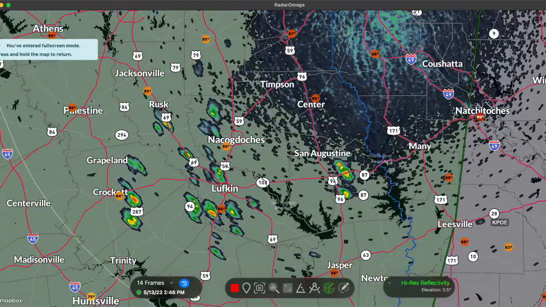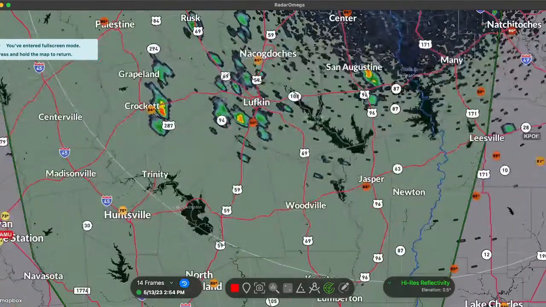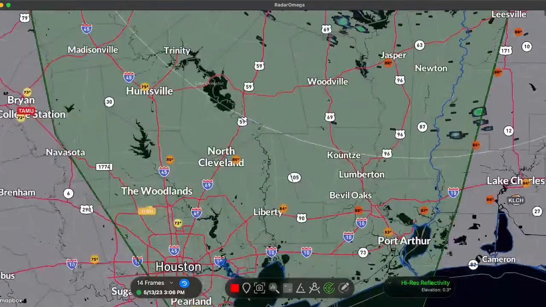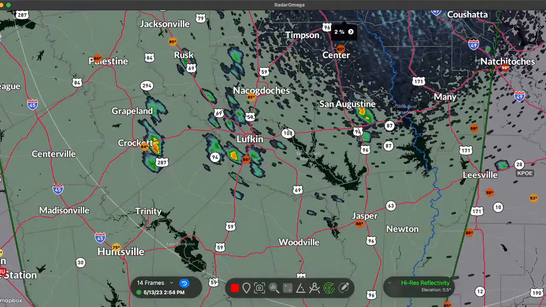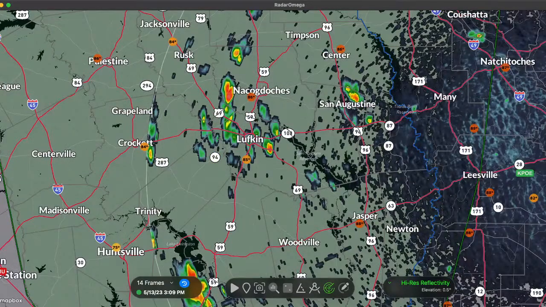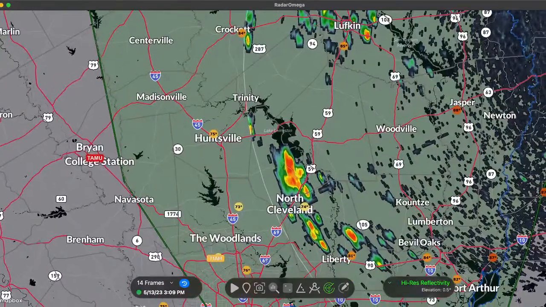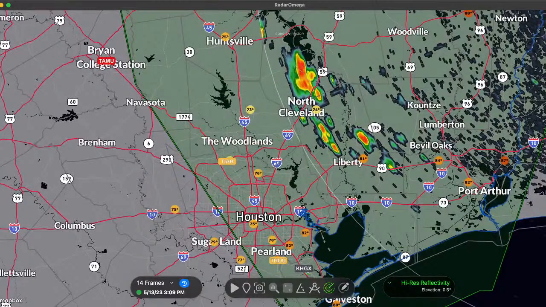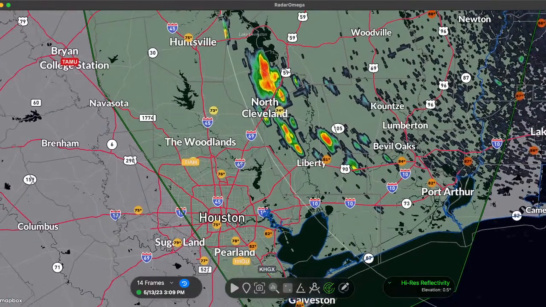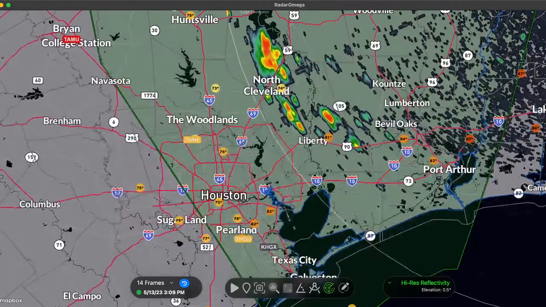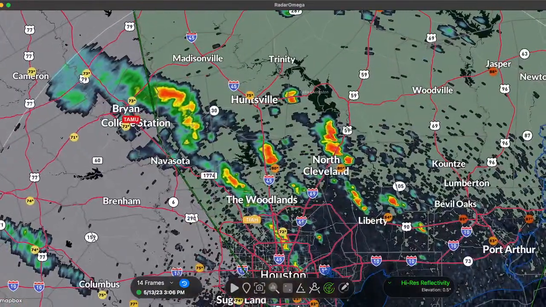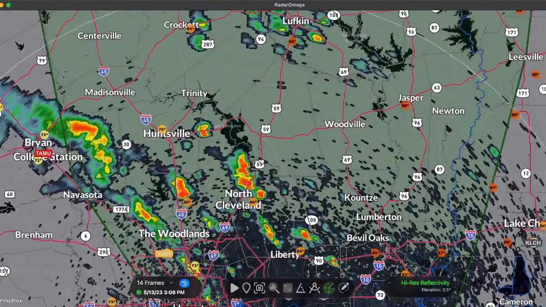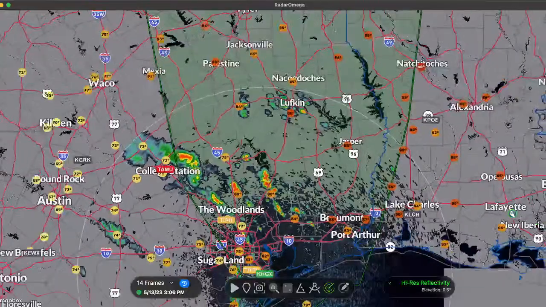We're getting a little far away from the radar, that's the reason why they look the way they look. Let's see if we could look at these little pop-ups with this radar right here. Still a little far. There we go. I'll be watching some of these if these get severe.